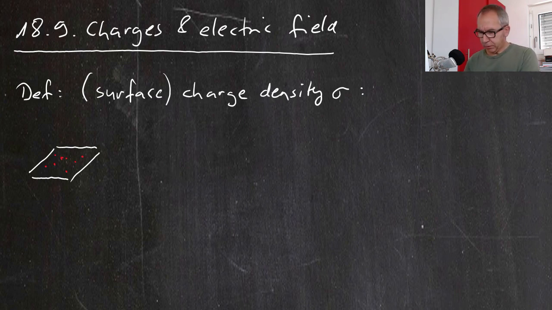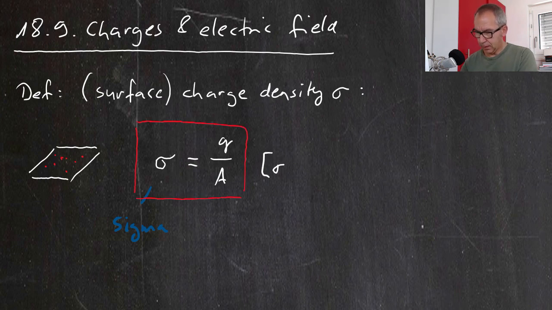The symbol for it is the Greek small letter sigma. So you might know the capital letter sigma, surely. So here it is the small sigma. And it is defined as the charge per area. The unit, therefore, coulombs per square meters.